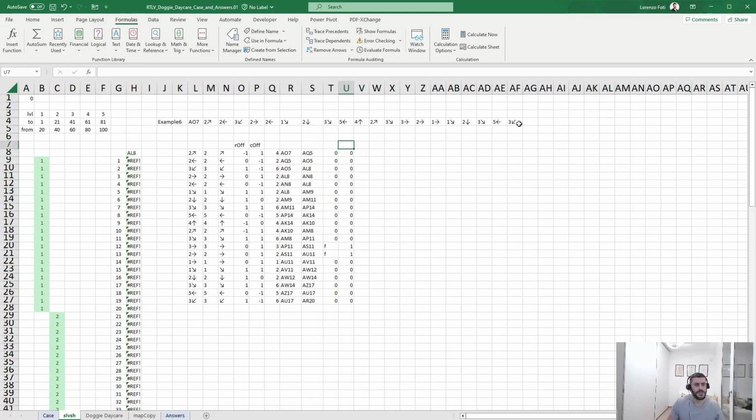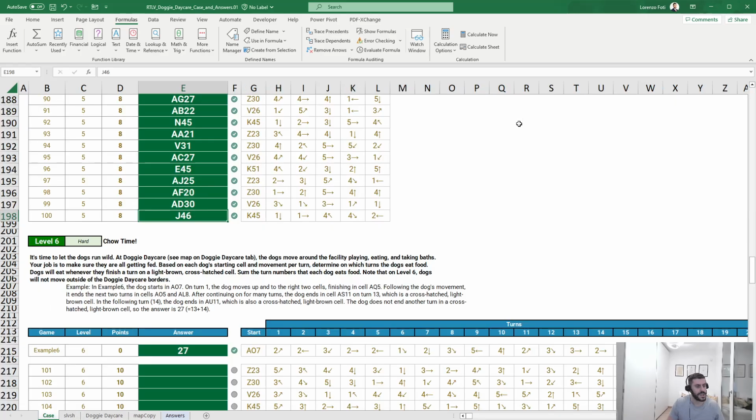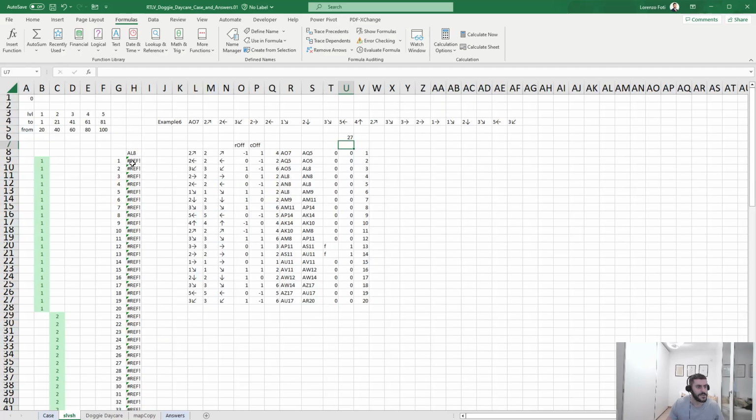Okay, and I think I need the turn number, and I think I need a SUMPRODUCT of basically this and this. Yeah, so 27, which is right. I need to extend this a little bit, let's say to 250. I don't know how many are needed.